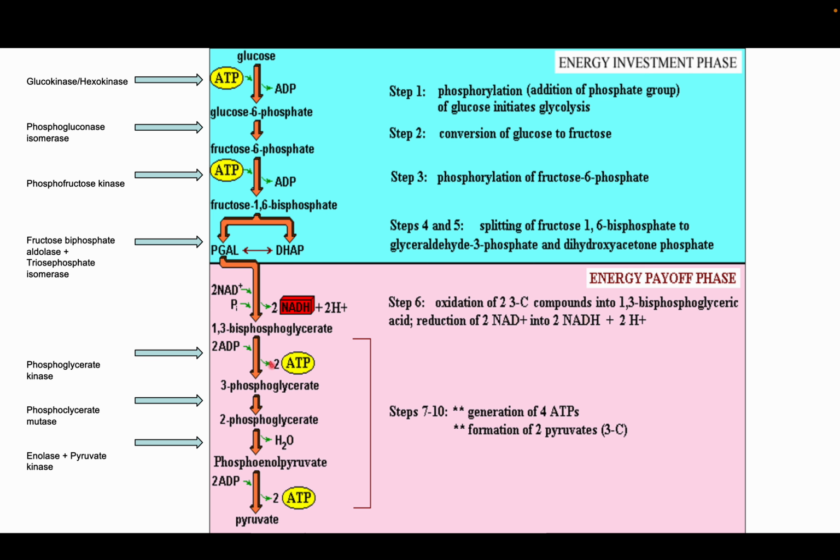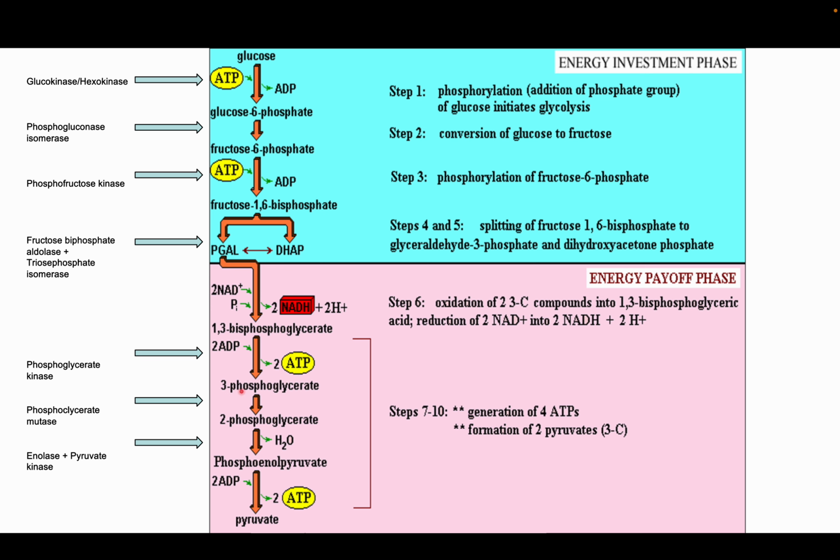Okay, so 1,3-bisphosphoglycerate is transformed to 3-phosphoglycerate, and in order to do that, transfer of a phosphate group from the starter molecule occurs. Hence, the production of two ATP molecules.